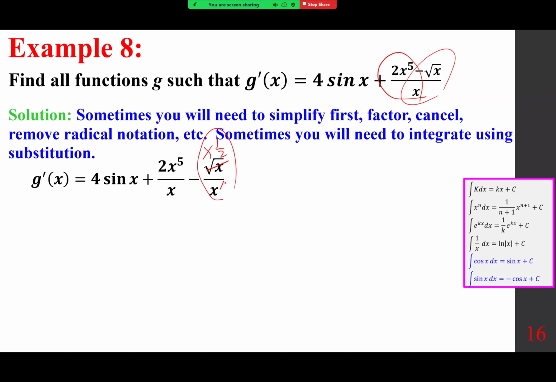And what we end up with is 4 sine x plus 2x to the power of 4 minus x to the power of negative 1/2. We put it in this format so we can use the power rule on that. So we're going to integrate the right side times dx.